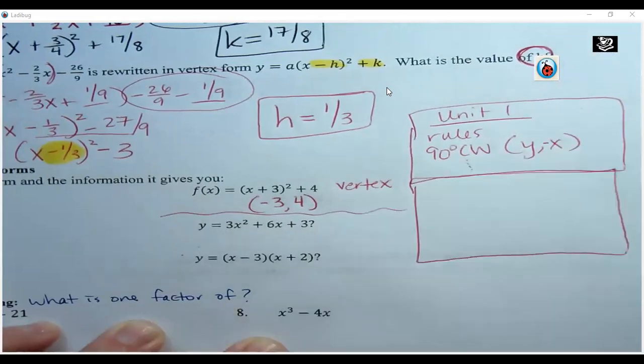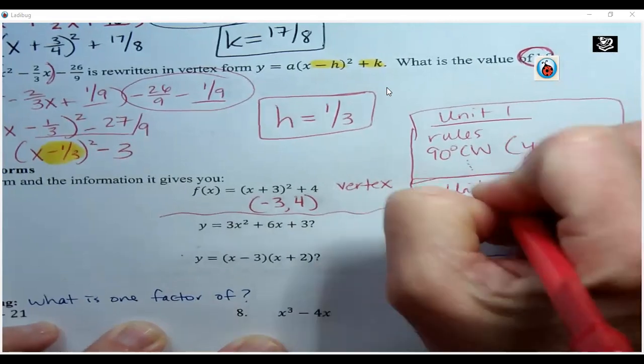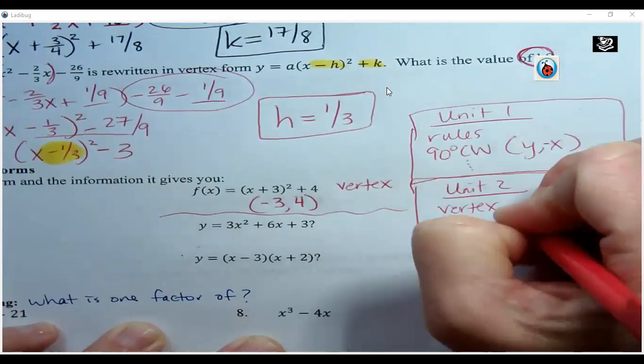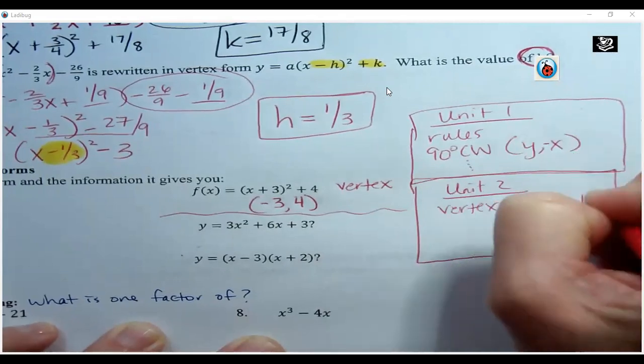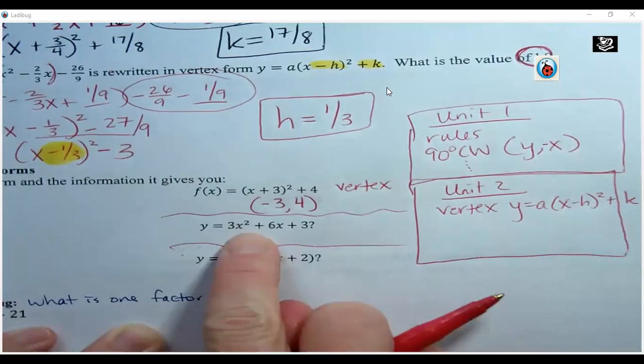For this unit, you should have vertex form, y equals a(x minus h) squared plus k. What form is this one in?